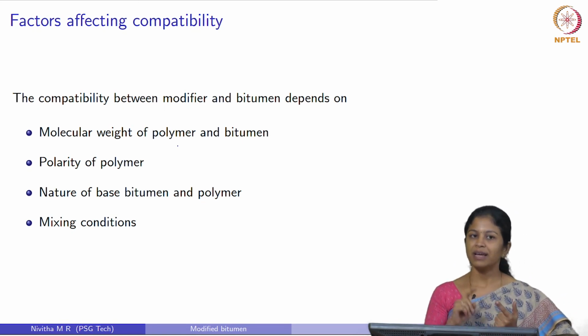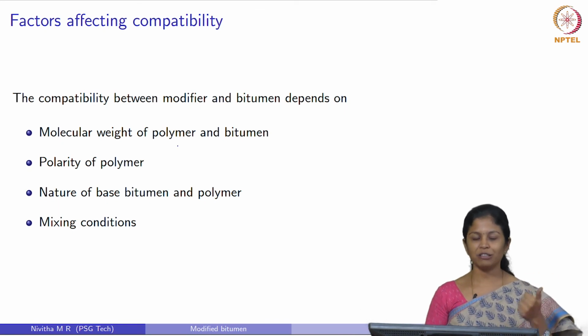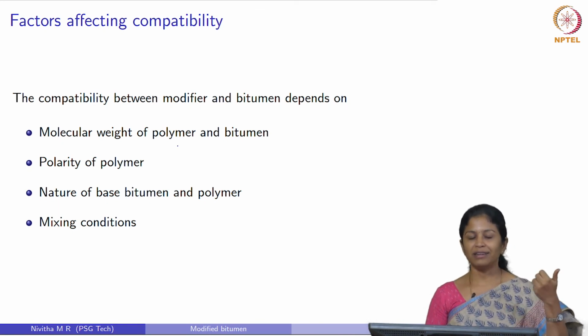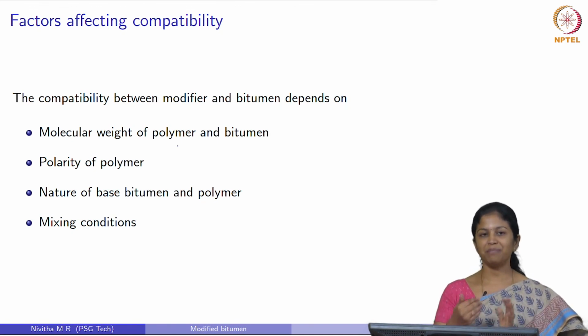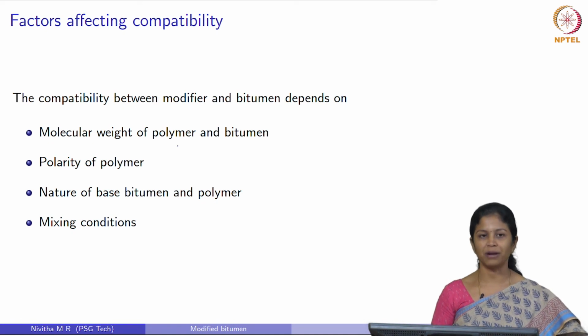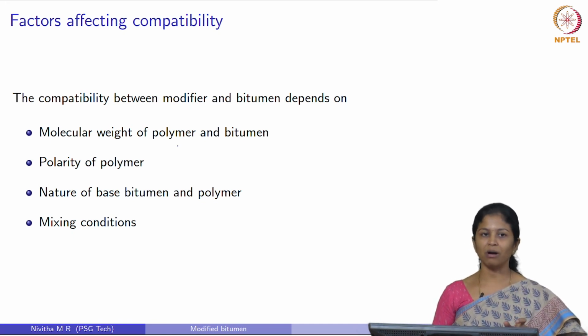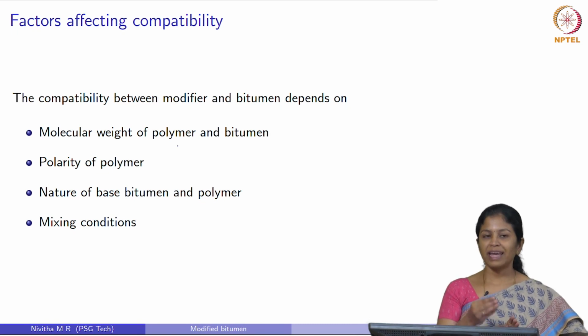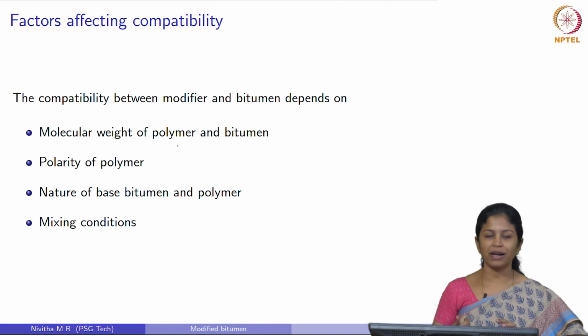Third requirement is nature of base bitumen and polymer. This nature of base bitumen is a very tricky factor. You would have discussed refinery processing, types of crude source, and types of processing methodologies available in India and their implications on the properties of the base bitumen. We do not have a large control on the properties of base bitumen, but we need to take into account that the same modifier can work to improve the properties in a significant manner for one kind of base bitumen, but it may not work for another kind of base bitumen.